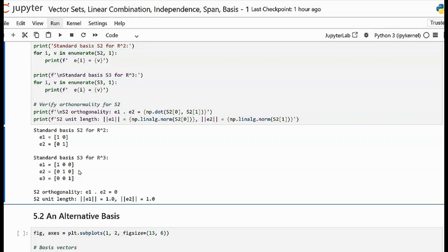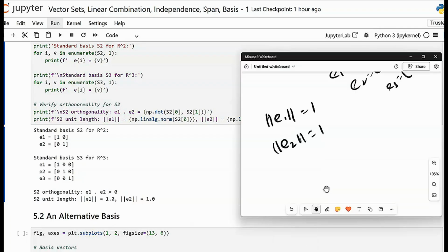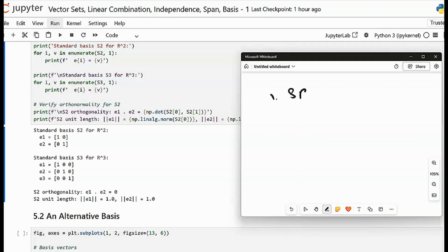So this perspective becomes critical when we switch to a different basis. I will give you a small summarization of this one because it is very important. Here we have discussed spans and linear independence.